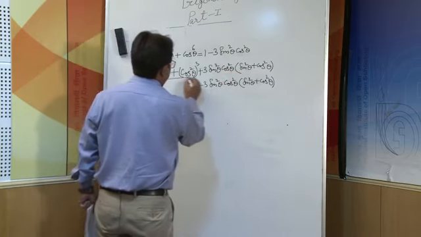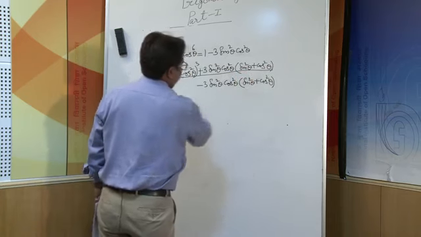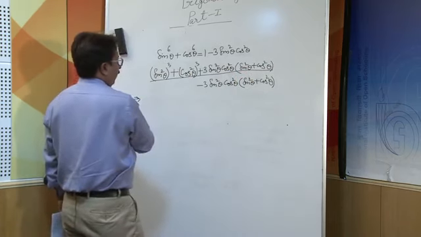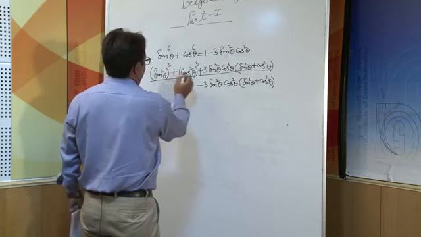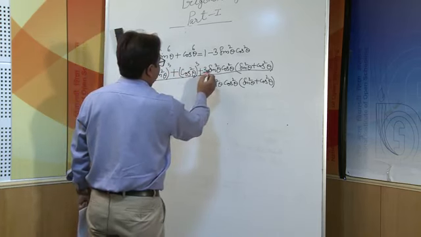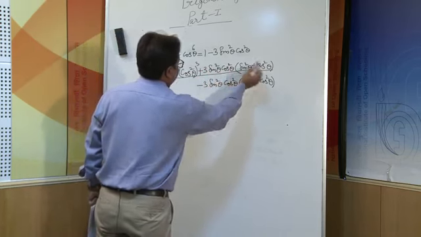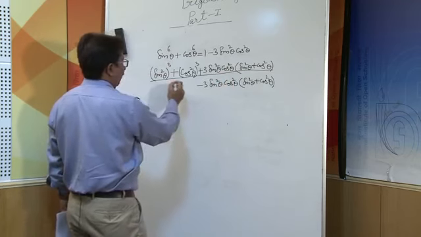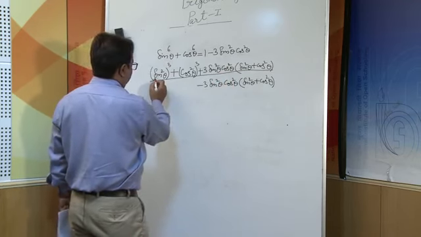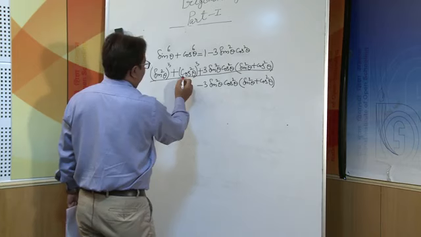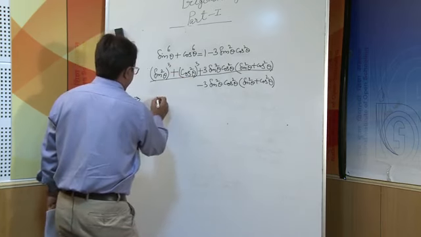Now, these terms we can relate as a cube plus b cube plus 3ab into a plus b, means it becomes a plus b whole cube, where a is sin square theta and b is cos square theta.